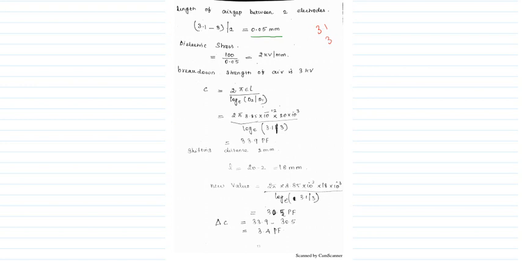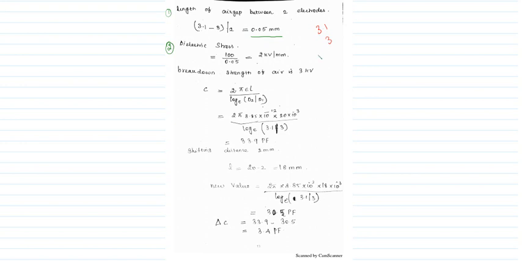Then point number 2, we have to calculate the dielectric stress. The length of the air gap is 0.05 mm, which was calculated in the previous step, and the voltage is 100 volt.